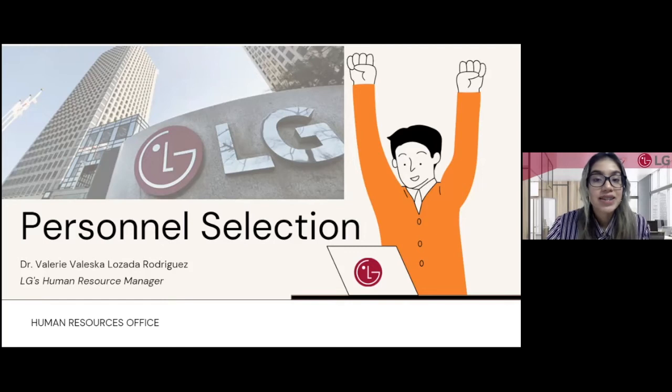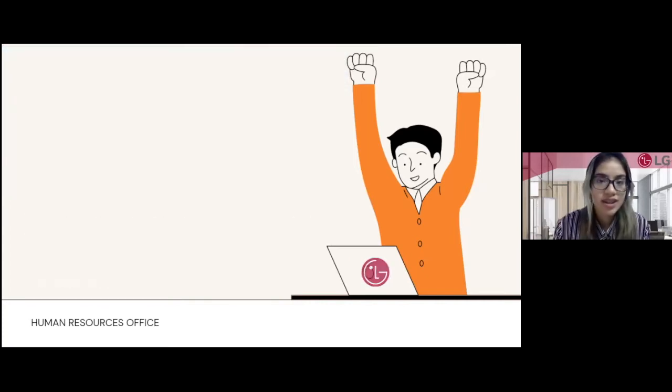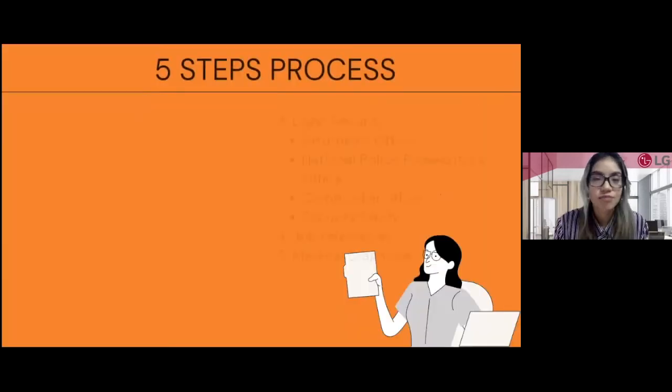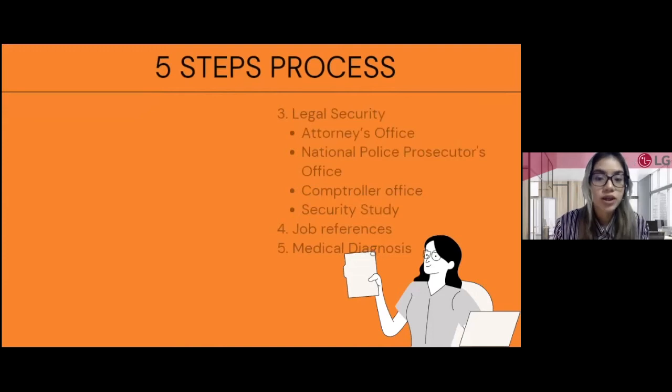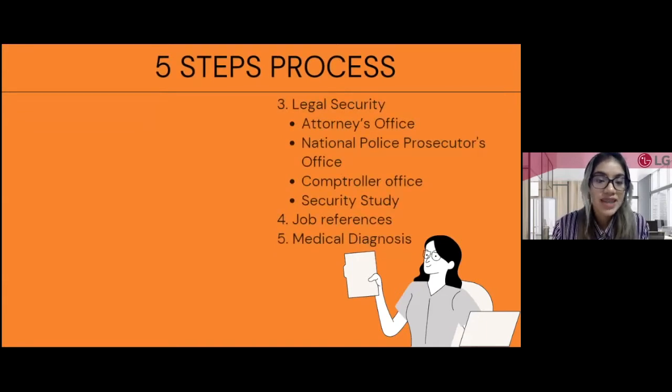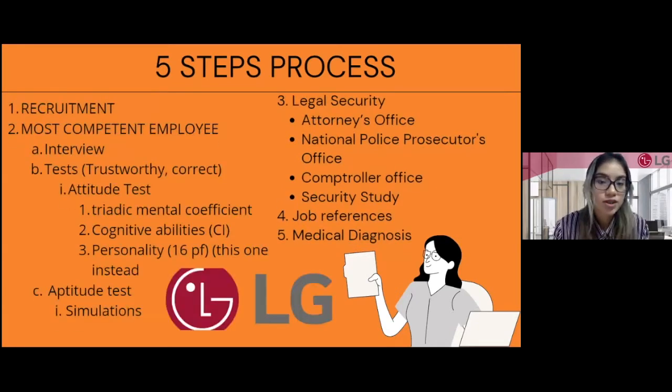So let's start by saying that in LG, we work with 5 main steps that the personnel selection process requires, and we consider them important. We are first going to begin with the recruitment procedure, the first step of this procedure.